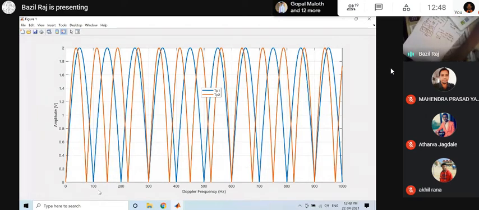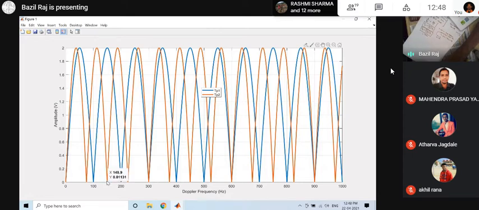For the first PRF, the first blind speed is at 100 Hz and so on, multiples of 100 Hz. For the second PRF, the first blind speed is 75 Hz and the second blind speed is multiples of 75 Hz.